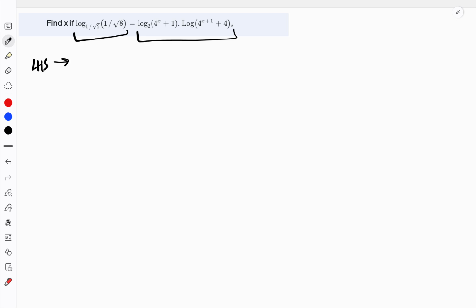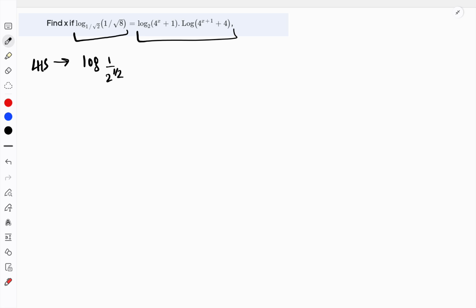So coming to the whole point, let's see LHS first. LHS says we have log 1 by root 2, and the argument is something like this. Now I can write this as log 1 by 2 power 1 by 2.